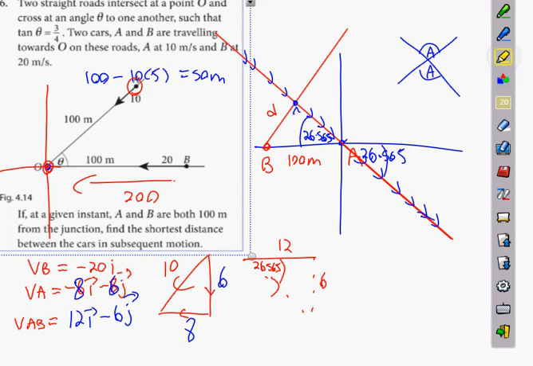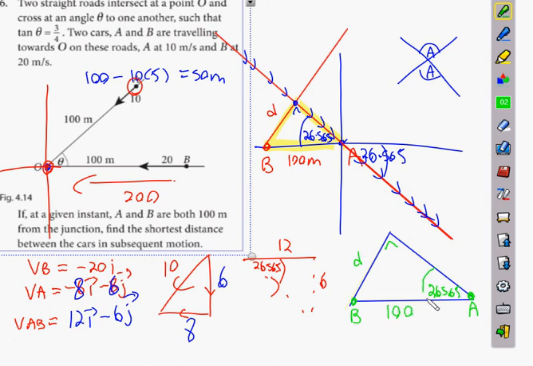So we can zone in on this triangle here. See that triangle there? And we go this way, then A, B, and then that other way there, and then we get 26.565, D being here, 100.